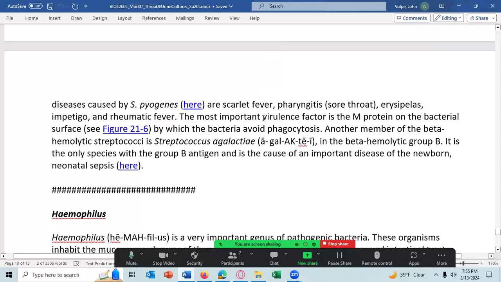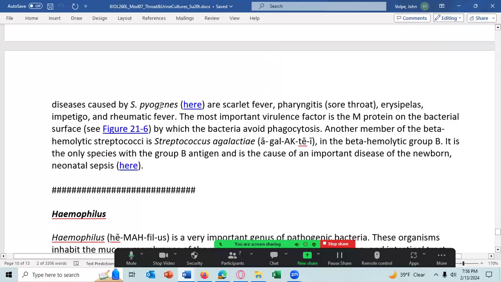Scarlet fever and rheumatic fever only happen after a patient has had strep throat, and then the bacteria invade beyond the throat and start invading the blood and then cause the other symptoms. So these are actually rare nowadays because we do treat Streptococcus pyogenes with antibiotics.